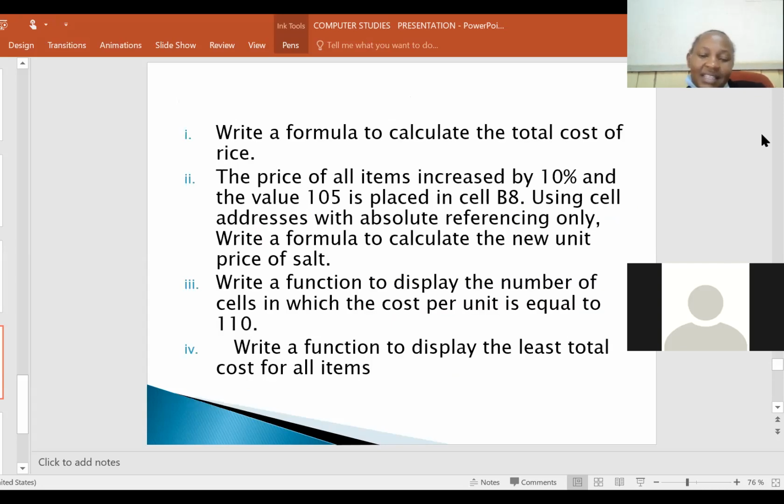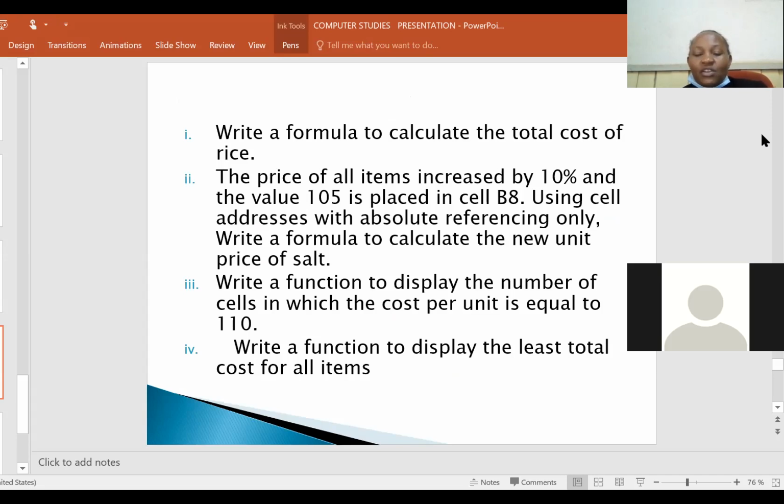Then there are other answers, like the second question: the price of our items increased by 10%, and the value 10% is placed in cell B8 using cell addresses with absolute referencing only.